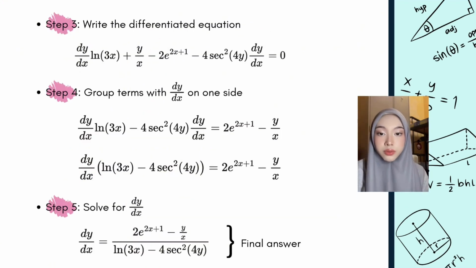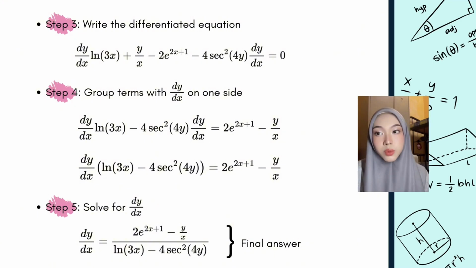After we have done differentiating all the terms, we write the differentiated equation and then group terms with dy over dx on one side. So we have here dy over dx times ln 3x minus 4 sec square 4y equals 2e in the power of 2x plus 1 minus y over x.